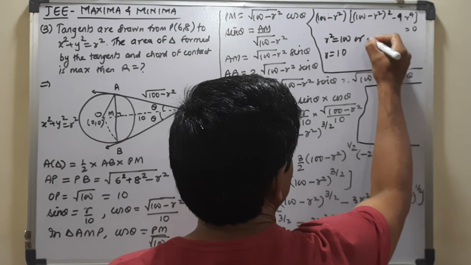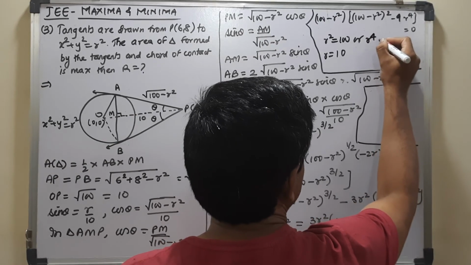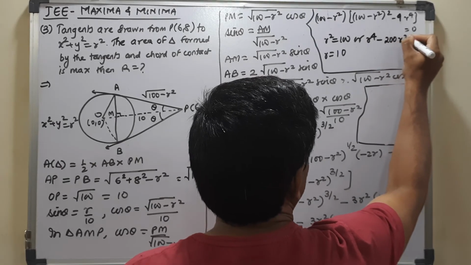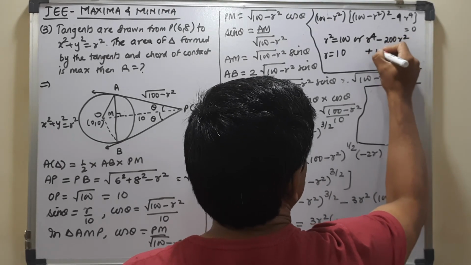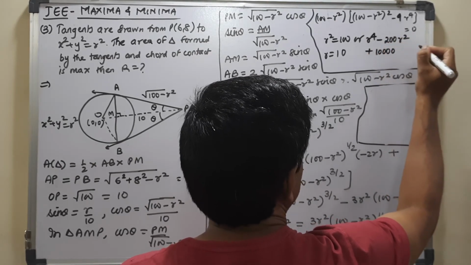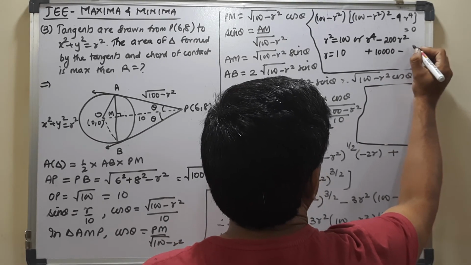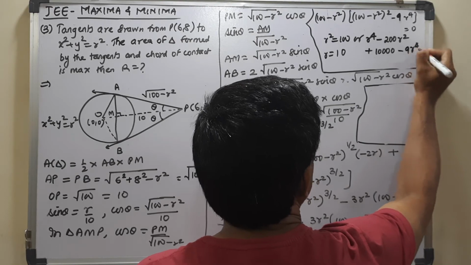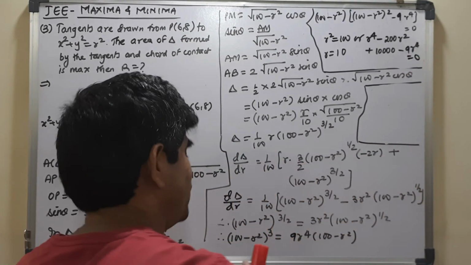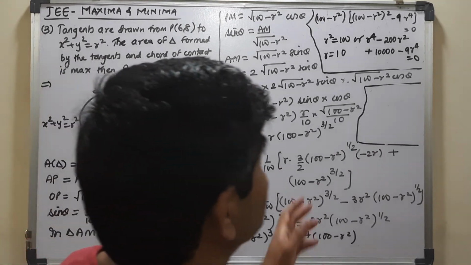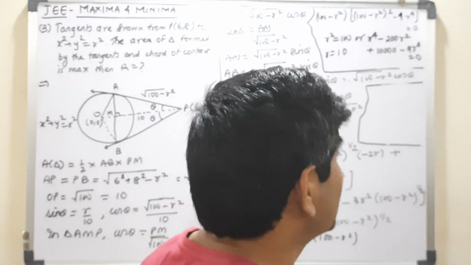That means nothing but r raised to 4 minus 2 times 100, that is 200r square, plus 1, 2, 3, 4 zeros, minus 9r raised to 4. This will become equal to 0. So this is actually what is required, and I was getting something else.